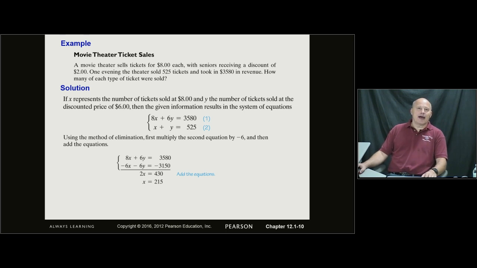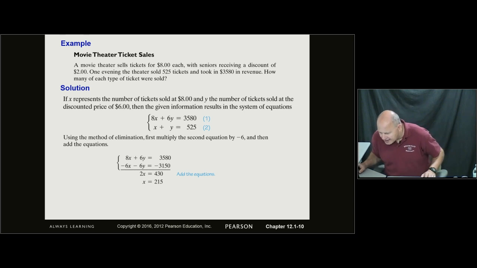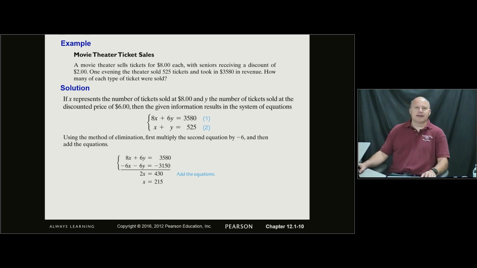So 8x plus 6y equals 3,580. That's the first equation. And then they take the second equation and multiply by negative 6. They multiply by negative 6 because they get negative 6x, negative 6y. And if you multiply negative 6 times 525, you get negative 3,150.